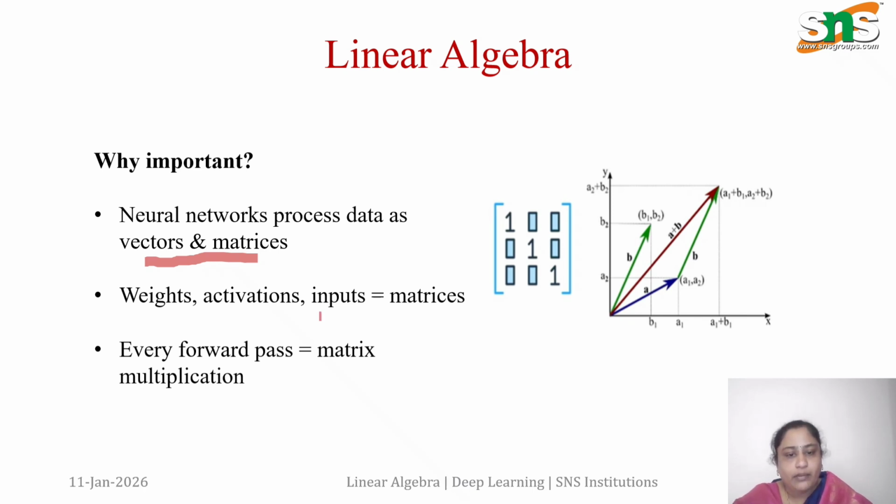When you speak about inputs, it is a vector again. What about activation? It is a matrix. Each and every forward pass in the layers of a deep network forms a matrix multiplication. If you understand matrix multiplication, you can understand how the data is being processed. So linear algebra is very important to understand how information is processed by the deep learning model in several layers.